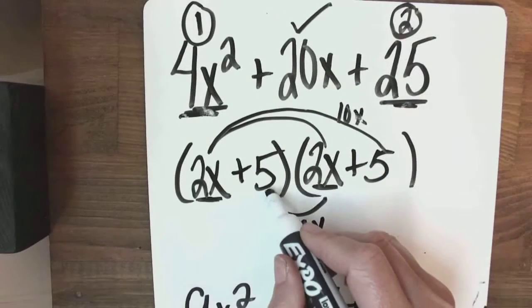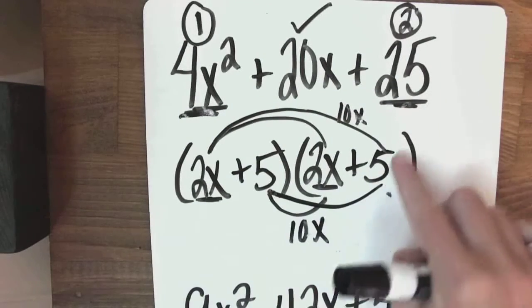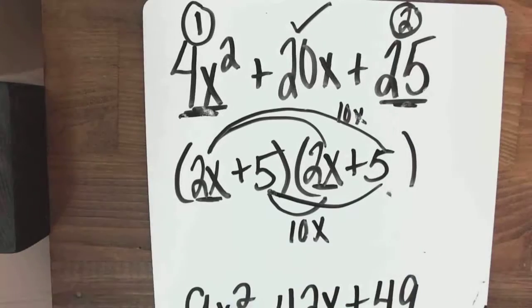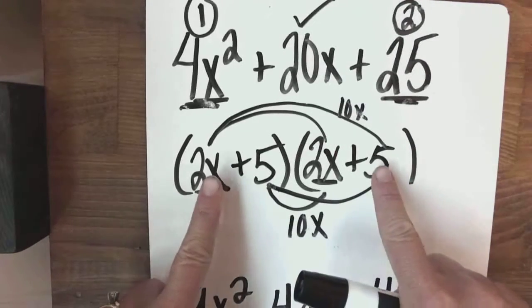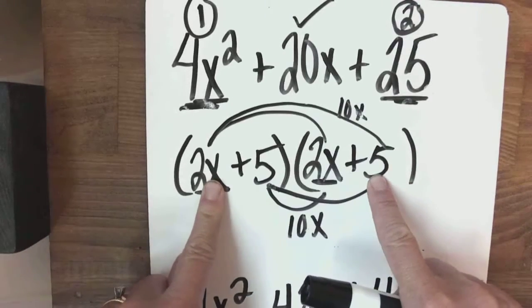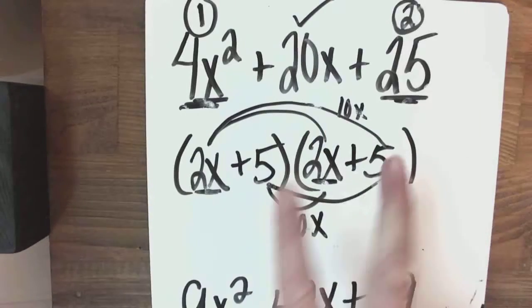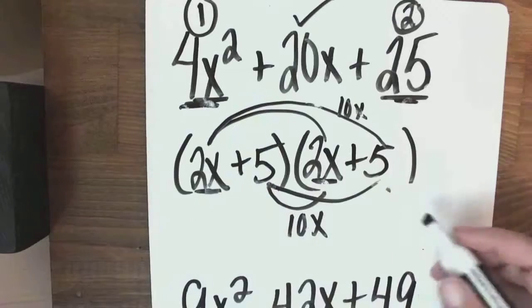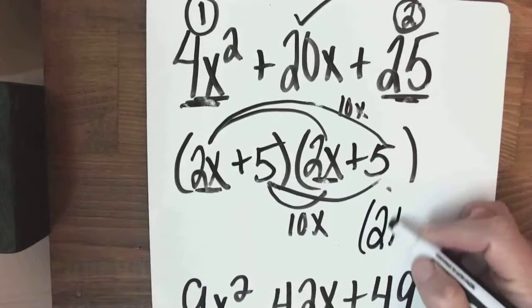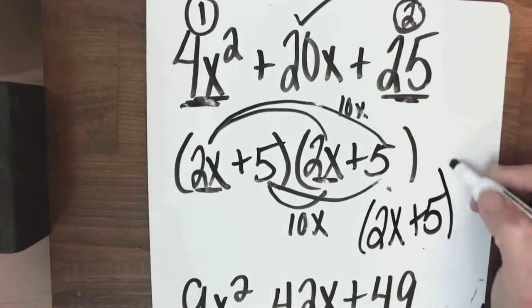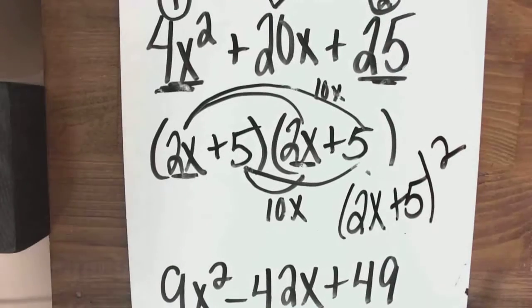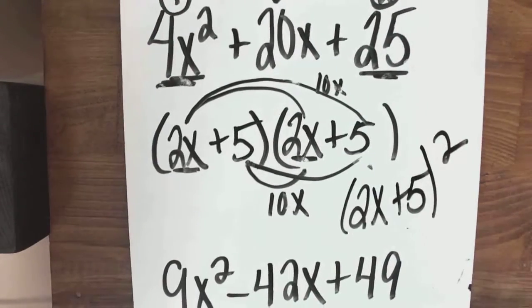And then we already made sure that the 5 times the 5 gave me the 25. So your teacher might call this, when you do the outside, I multiplied, I got 10, and the inside I got 10, that does give me 20. Now if I ever see that they are the same, I could just simply write it as it factors into the binomial squared.